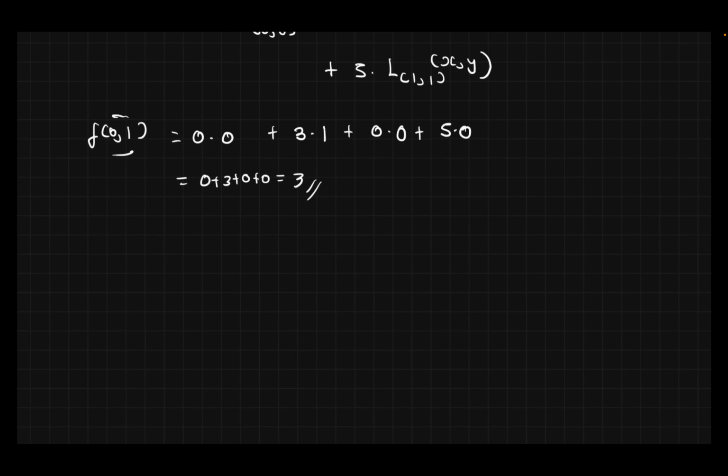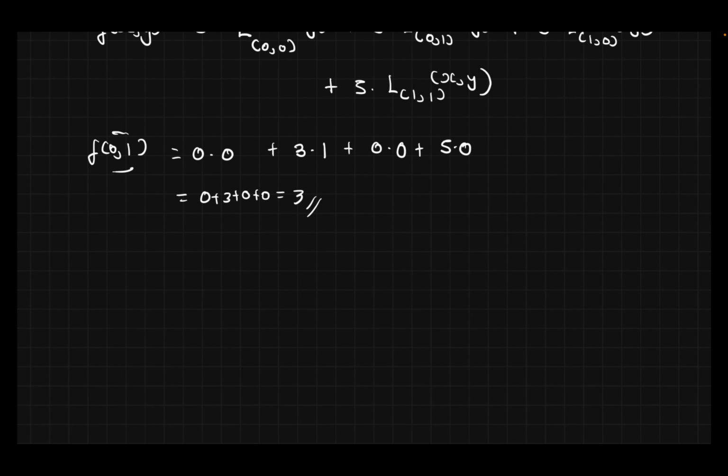Alright. So let's think about this. We're trying to create some kind of an equation, right? The interpolating set is what? 0, 0, 0, 1, 1, 0, 1, 1.